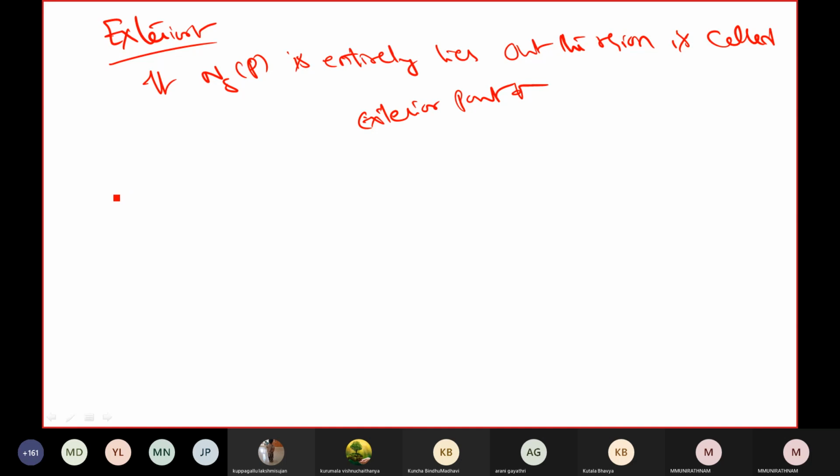Based on these points, we say whether any region is open or closed. This is very important: open and closed regions.